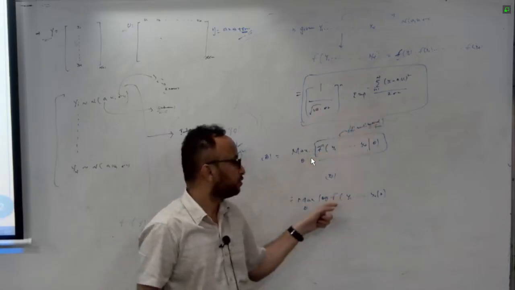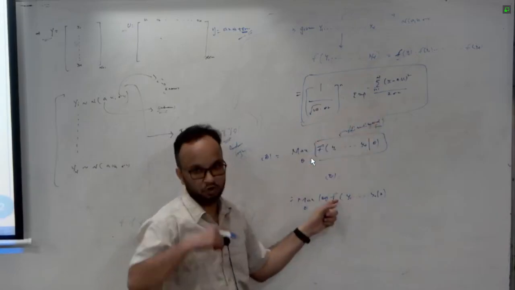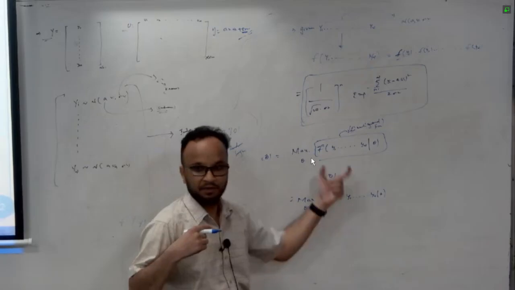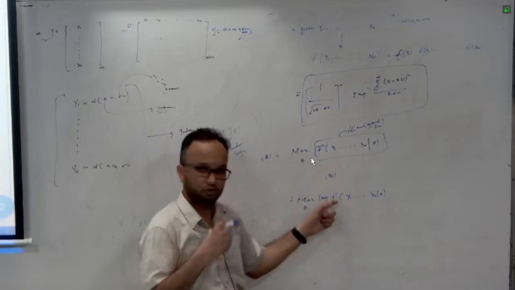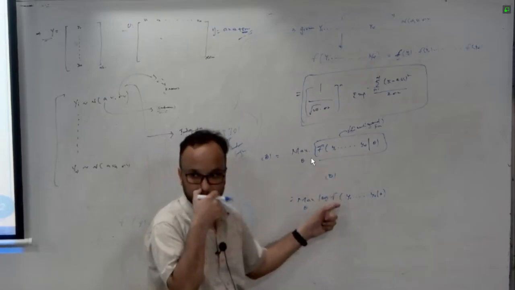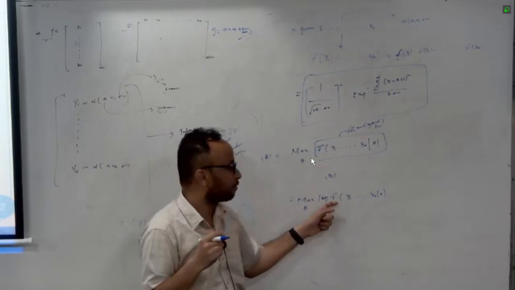If I use the logarithm of it, log is a monotonically increasing function, so you don't get a different optimum, you get the same value, but the problem is much simplified.